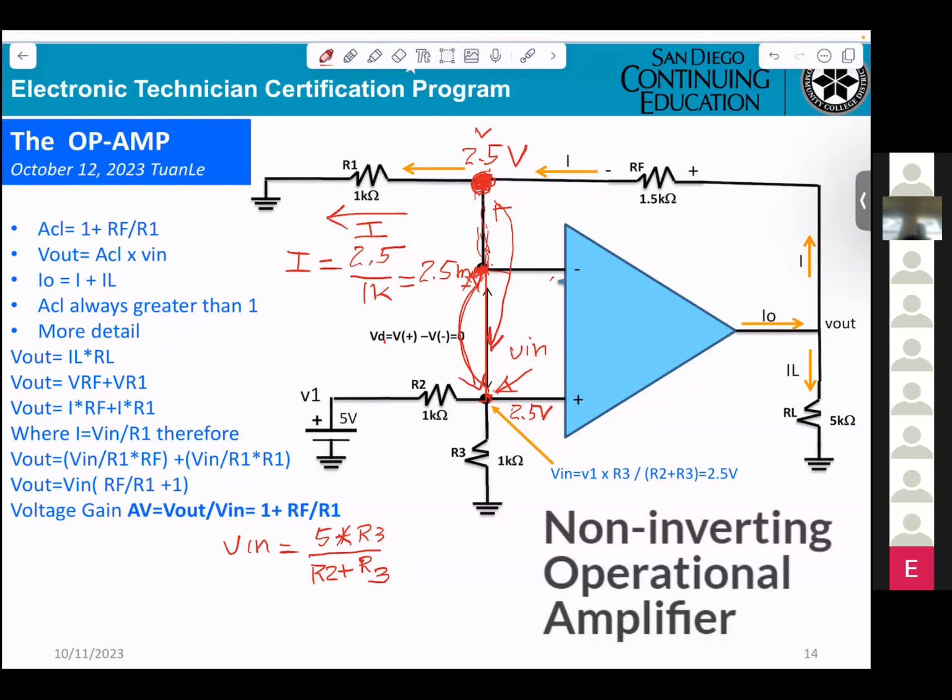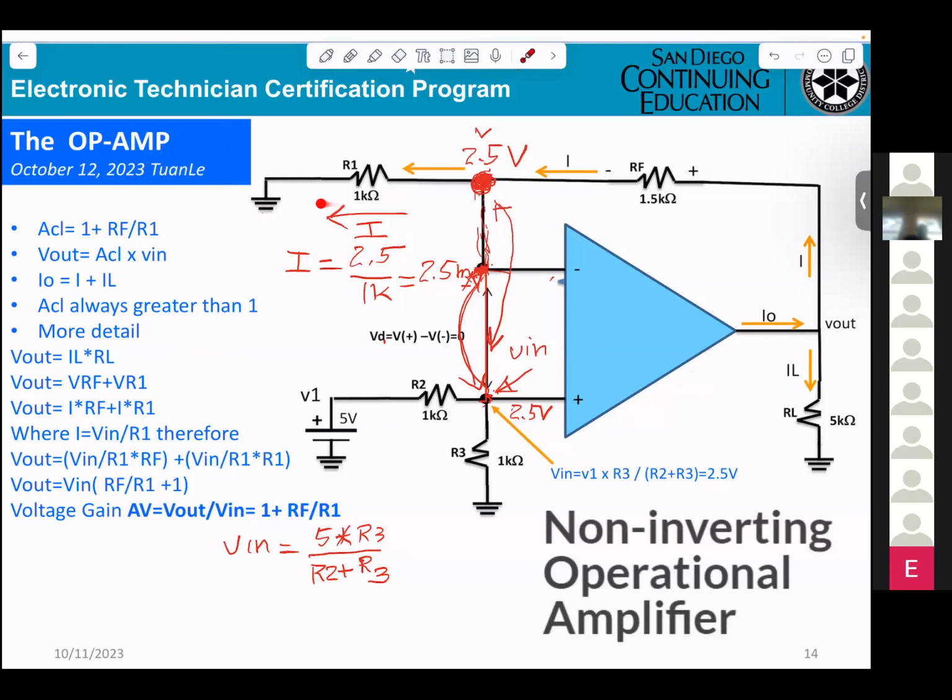The difference between this point and this point is the same thing, 0. So this point to point 5 have no difference, then this point will be the same thing. So you get 2.5, you get a ground.